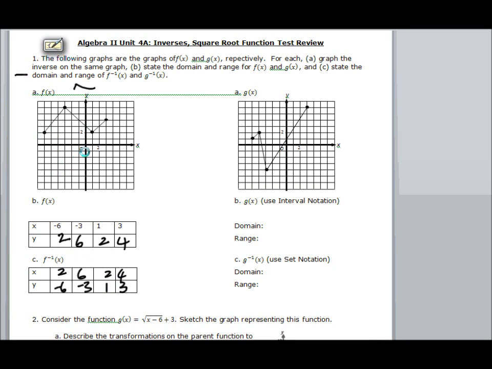So we have 2 and -6, then 6 and -3, 2 and 1, and the last one is 4 and 3.